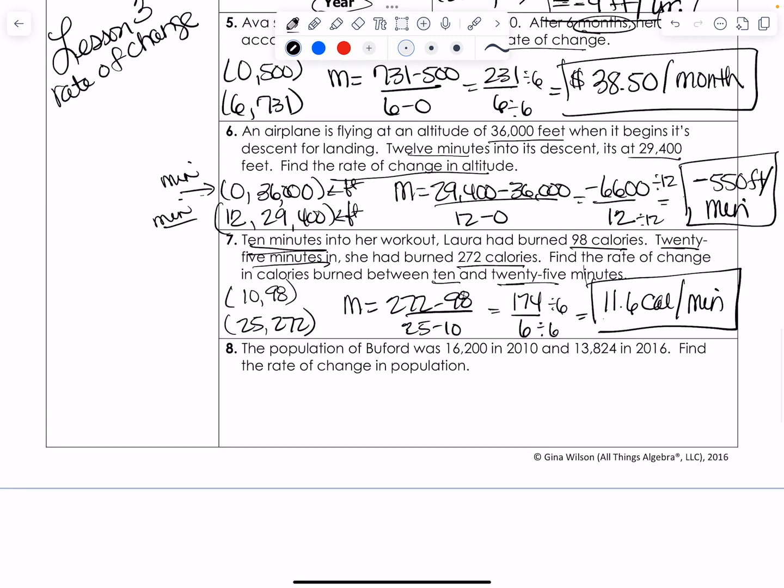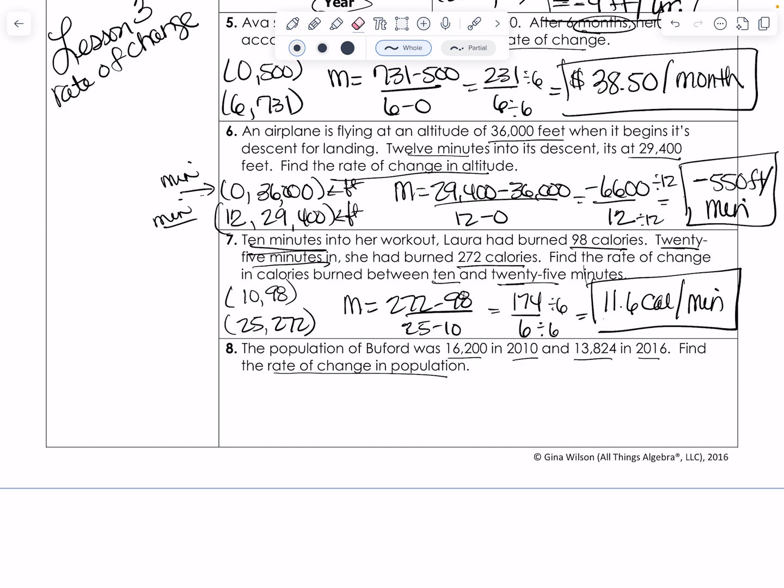Okay, and the last problem. The population of Beaufort is 16,200 in 2010 and 13,824 in 2016. Find the rate of change in population. So we're going to have the year 2010. I don't think I really gave myself enough room.